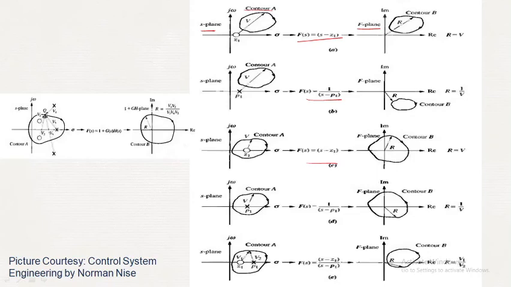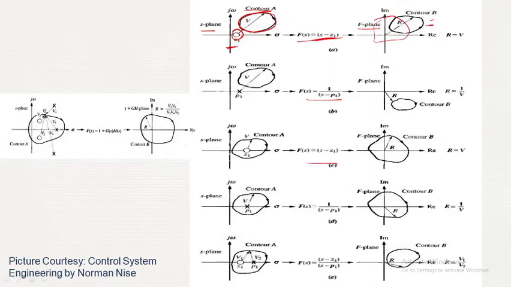So here you can see we have got contour A, and the zero is lying outside this contour. So this is the contour and we have got a zero, but the zero is lying outside the contour. That means we will get a contour here also, but because this lies outside, it will not make any encirclement.